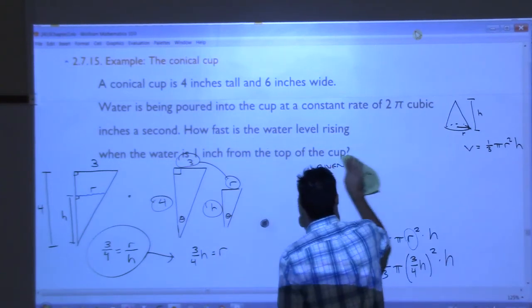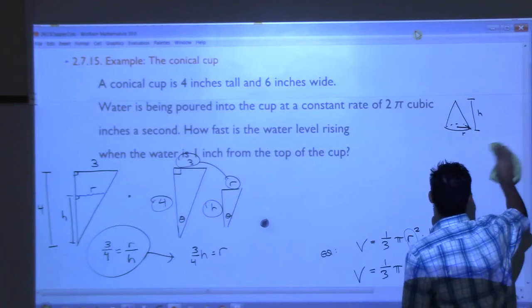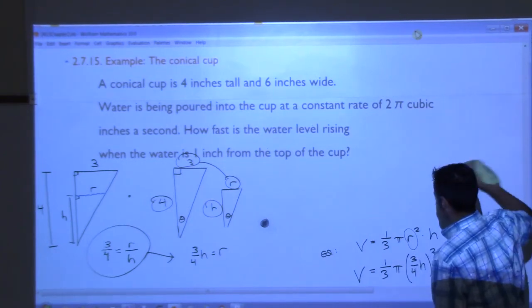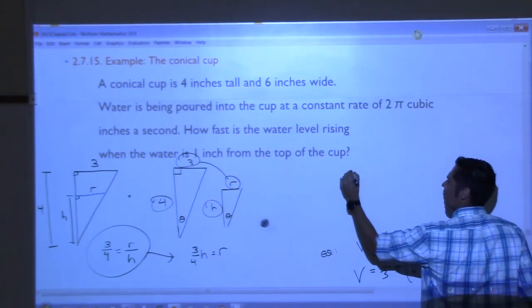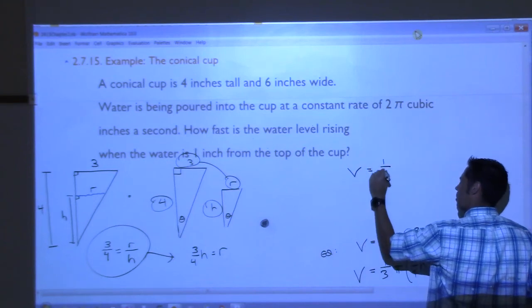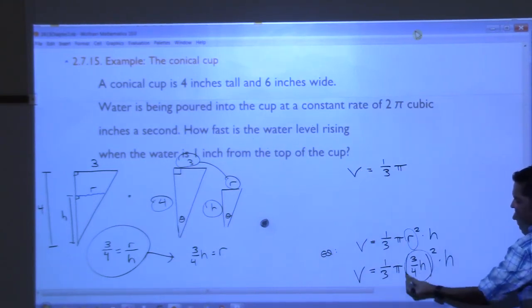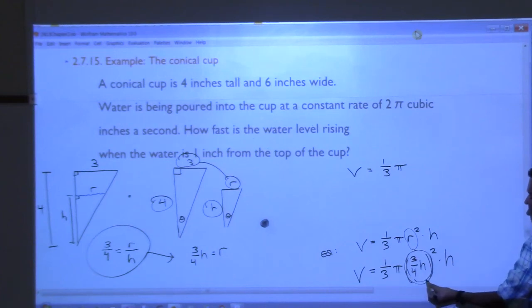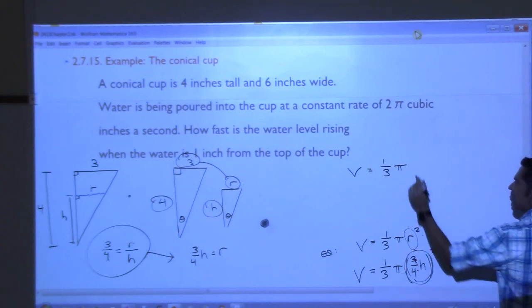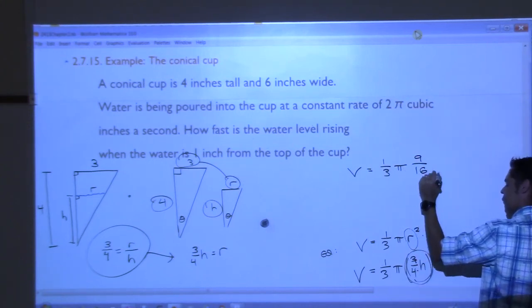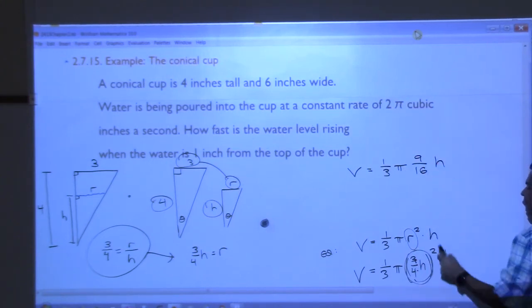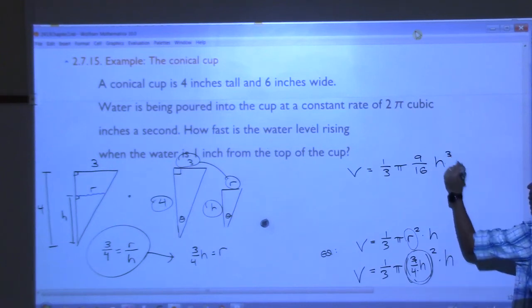I'm not ready to differentiate. I'd like to clean that up a little bit. All right, cleaning up. Volume equals 1/3 pi. Now, I'm going to go ahead and square that. What happens when I square that? I get 9/16 h squared, but then times another h out here, right? So h cubed.